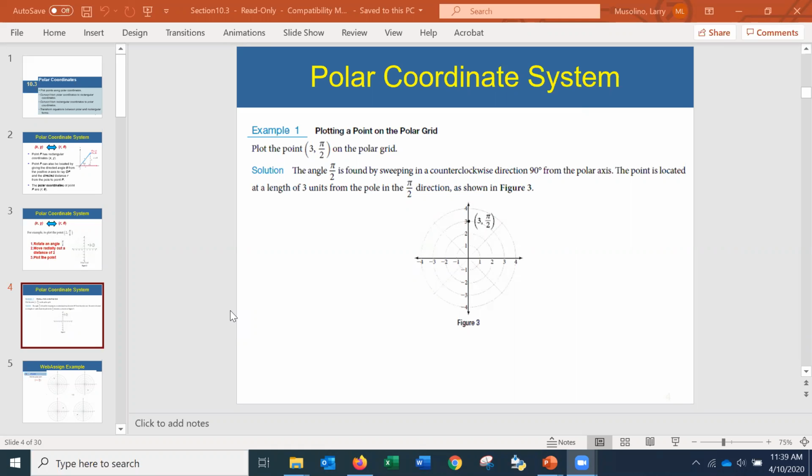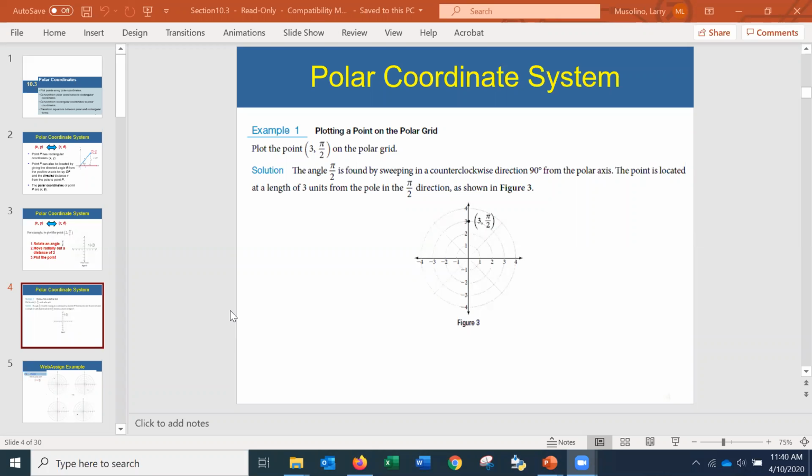Think about an autonomous car trying to navigate from point A to point B. It'd be much more efficient to think in terms of r comma theta than in terms of x comma y if you're programming software for an autonomous car. The same thing for a space shuttle.